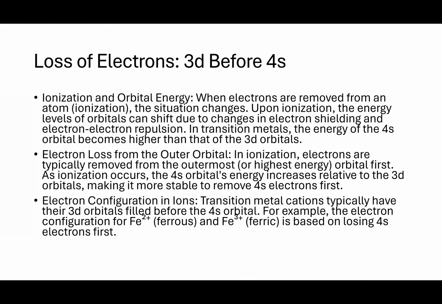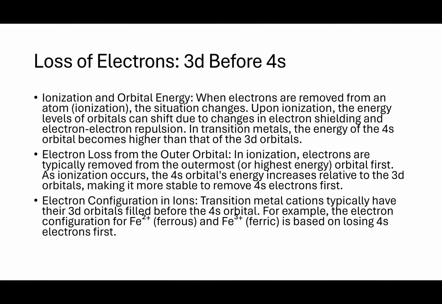So theoretically we need to remove electrons from the 3d before the 4s, but looking at how the electrons are actually lost, there's a bit of a contradiction between ionization energy and how electrons are lost.